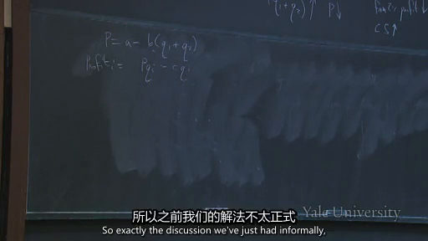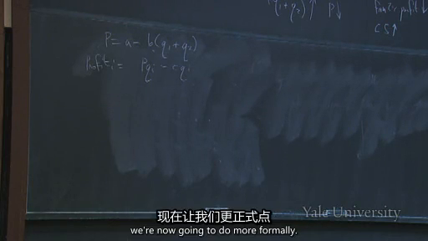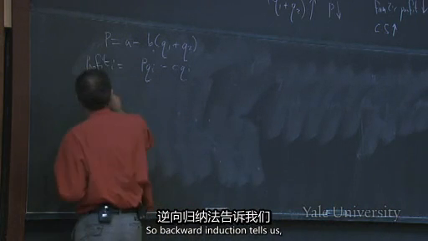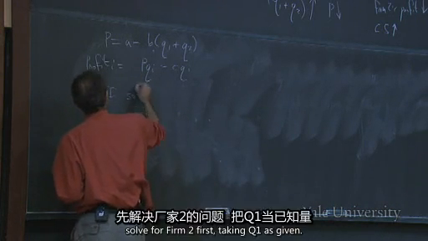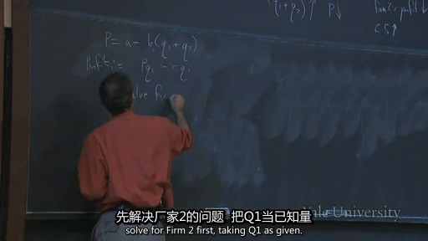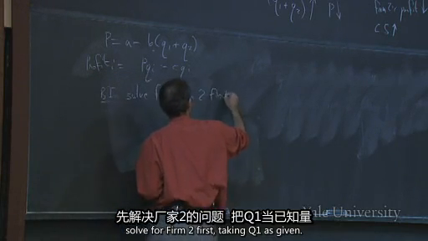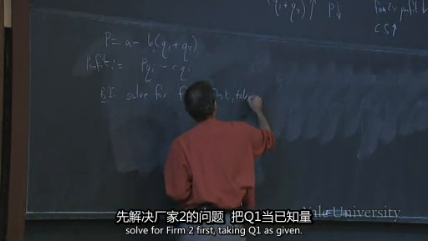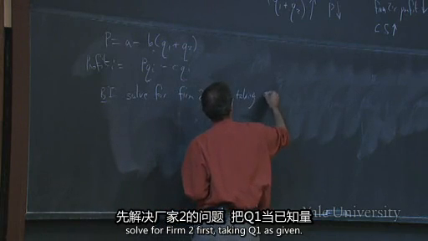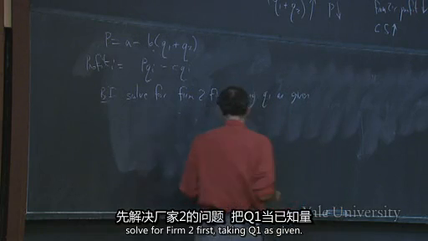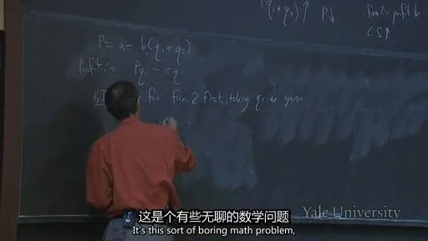So exactly the discussion we've just had informally, we're now going to do more formally. Backward induction tells us to solve for firm 2 first, taking Q1 as given.